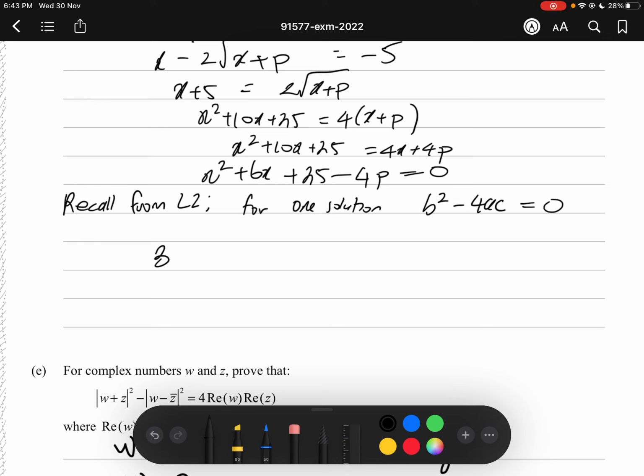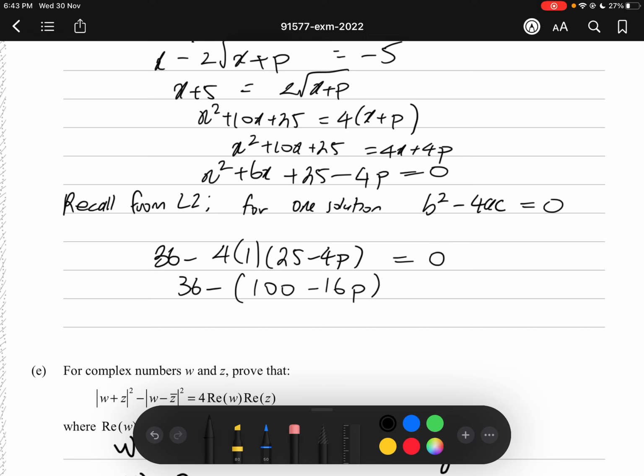So in this case, we'll have 36 minus 4 times 1 times 25 minus 4p equals 0. 36 minus 4 times 25 is negative 64. 4 times negative 4p is negative 16p. That equals 0. So negative 64 plus 16p equals 0. And therefore 16p equals 64 and p equals 4. So p equals 4 is our final answer for this question.